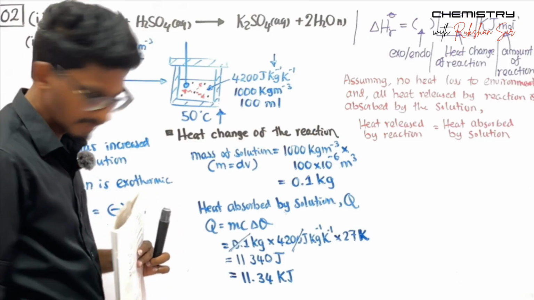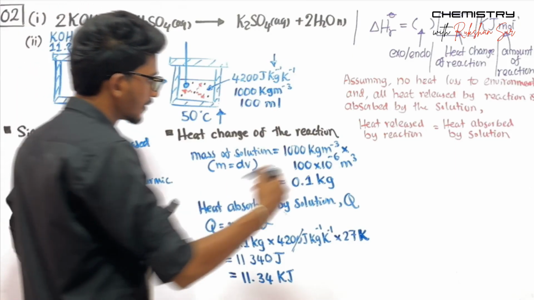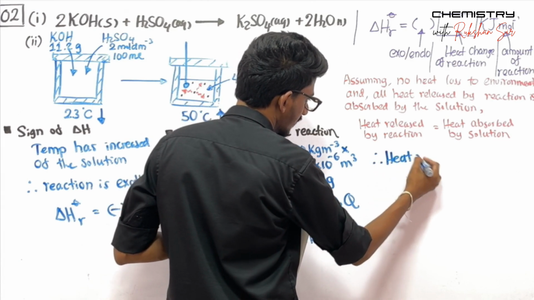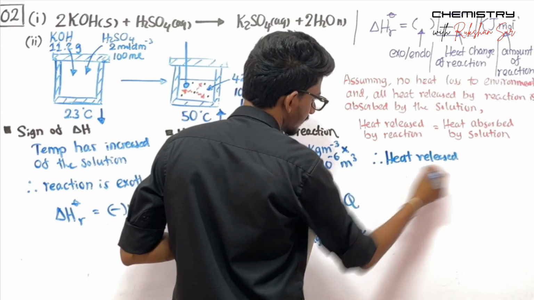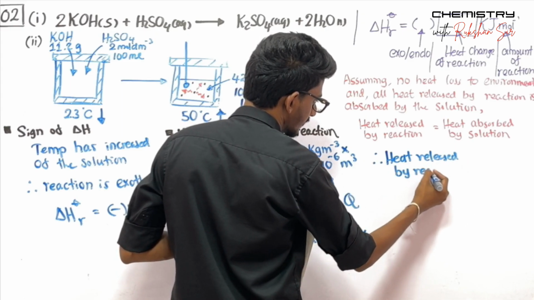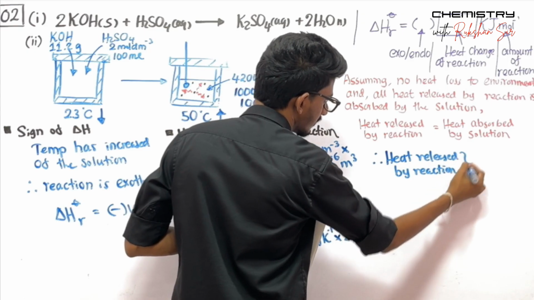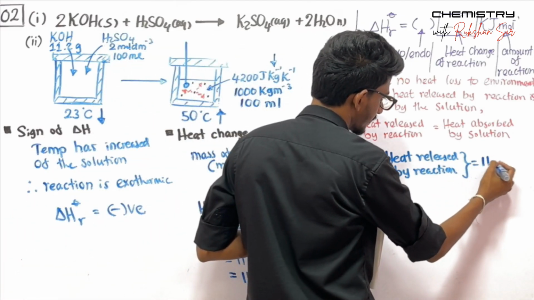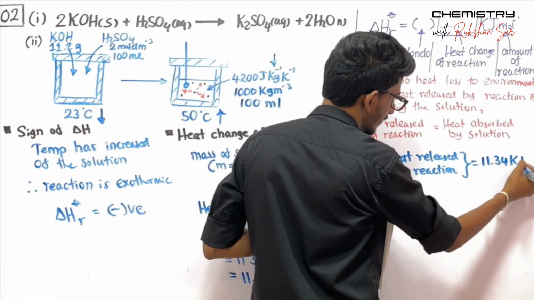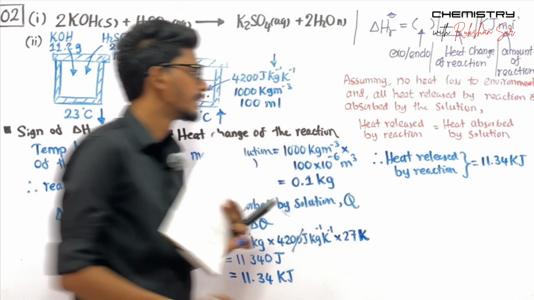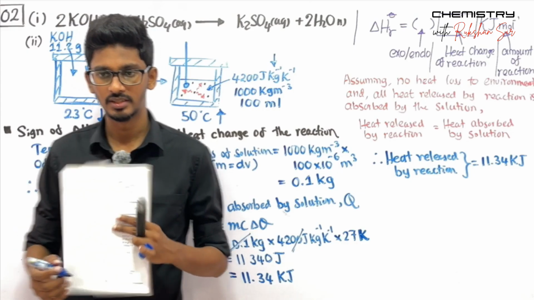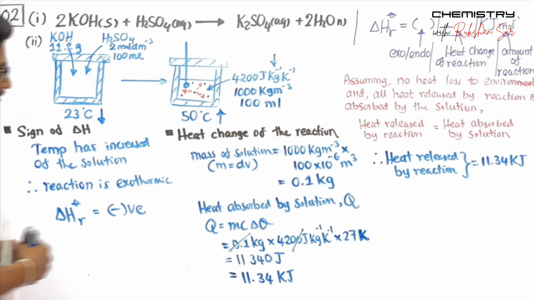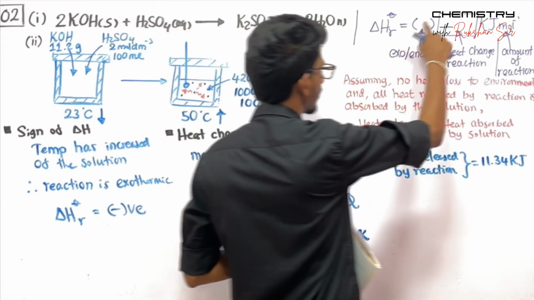So we can write heat released by the reaction is then equal to 11.34 kilojoules, right? It is the same heat absorbed by the solution. Right, that is done. Next one. So this stage as well as this stage is done.